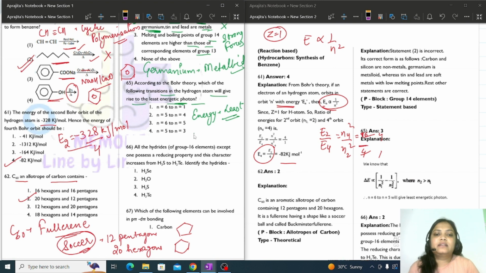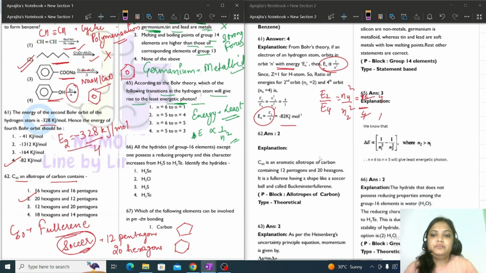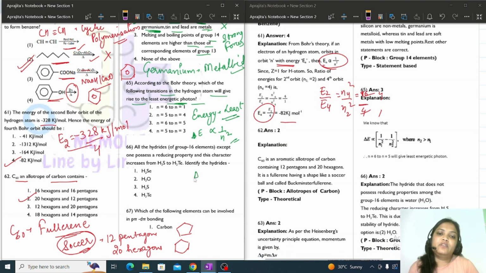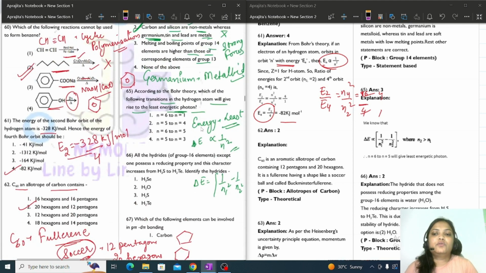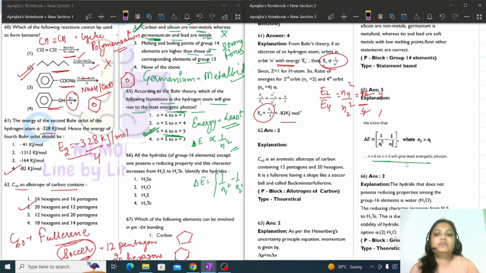Since energy is inversely proportional to n square, delta E will be 1 upon n1 square minus 1 upon n2 square for the transition n2 to n1. Here the difference in energy would be least in 6 to 5. So when the electron moves from 6 to 5, it will give the least energetic photon. So the answer is option 3.